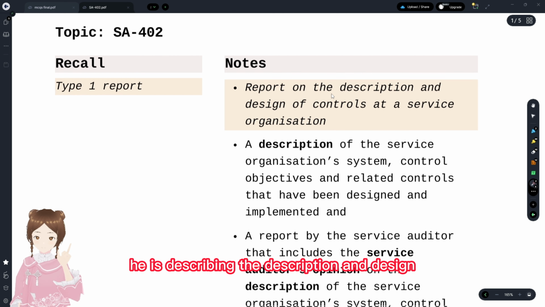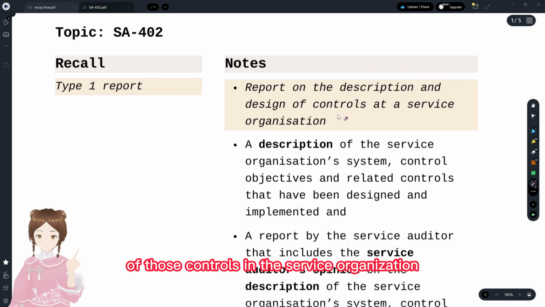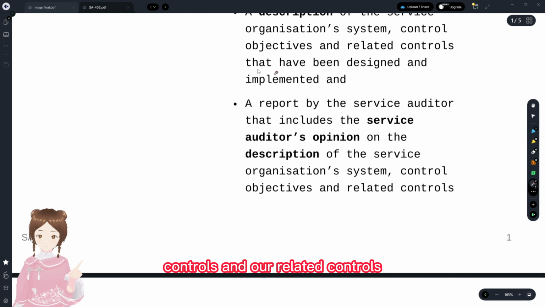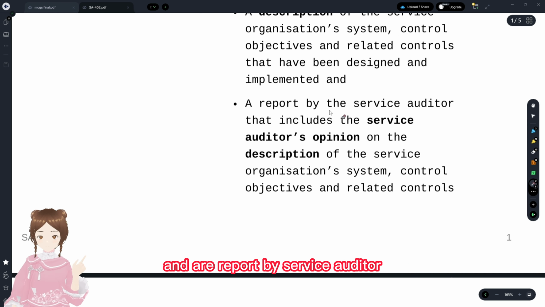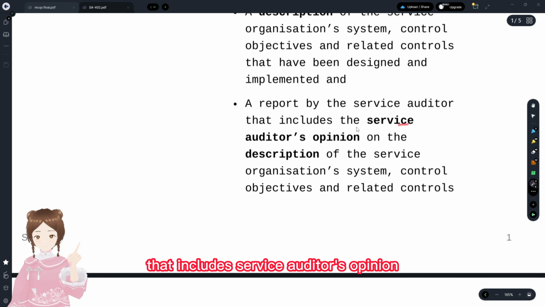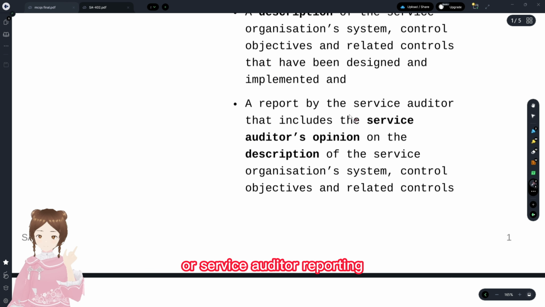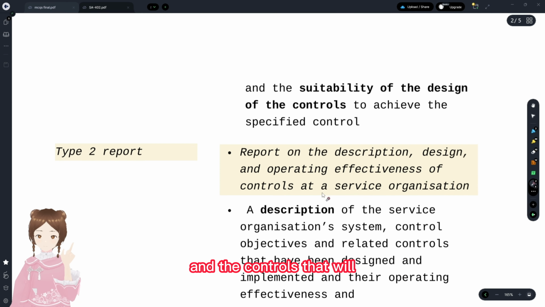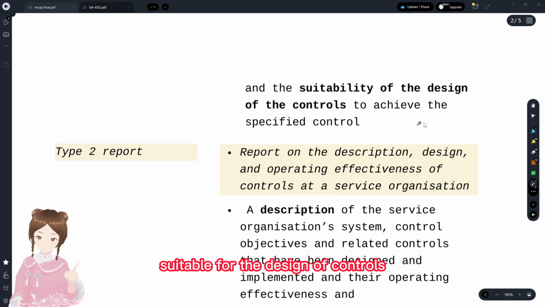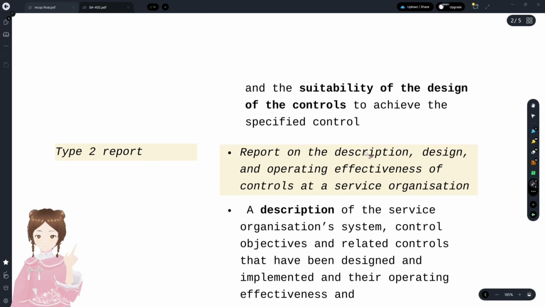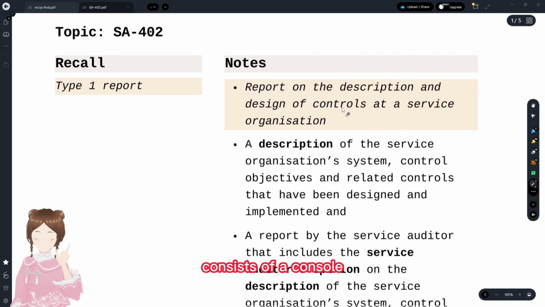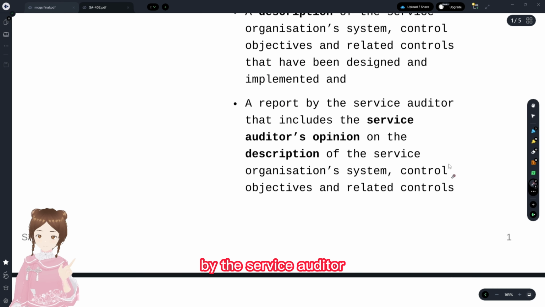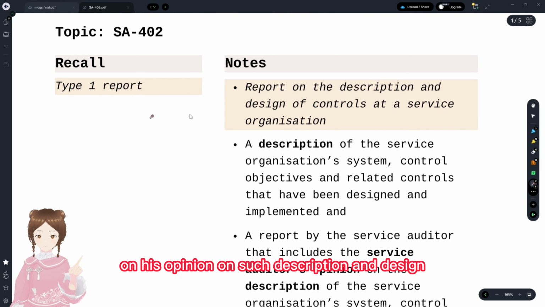He describes the description and design of those controls in the service organization: the description of the service organization's systems and related controls that are designed and implemented, and a report by the service auditor that includes his opinion on the description and the suitability of the design of controls to achieve the specified control objectives. So a type 1 report consists of the description and design, and a report by the service auditor giving his opinion on such description and design.